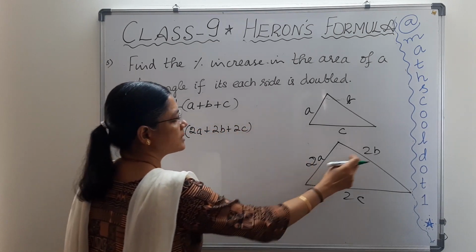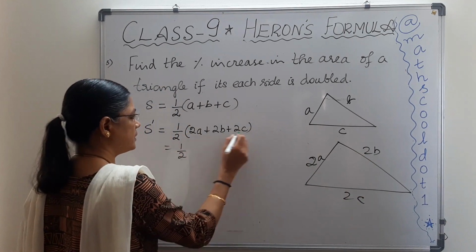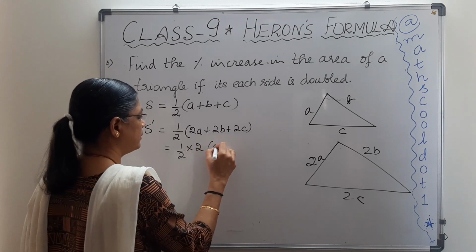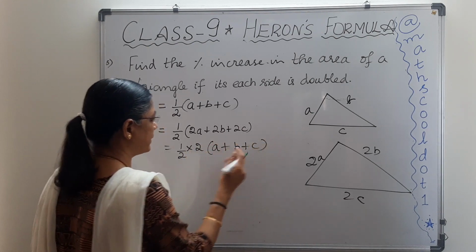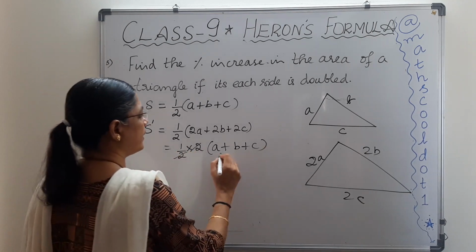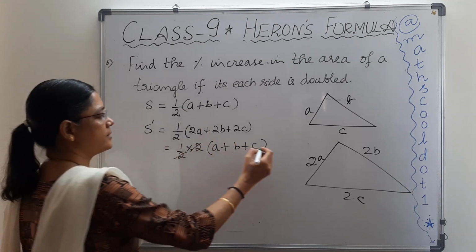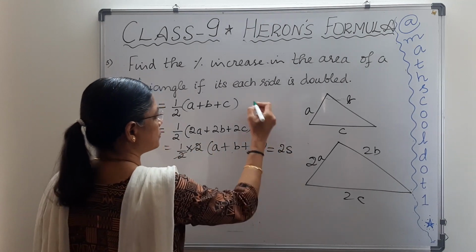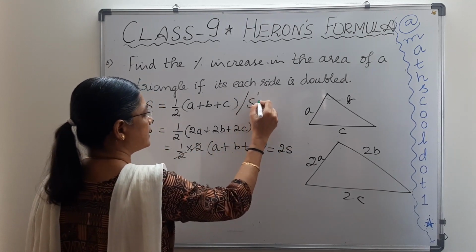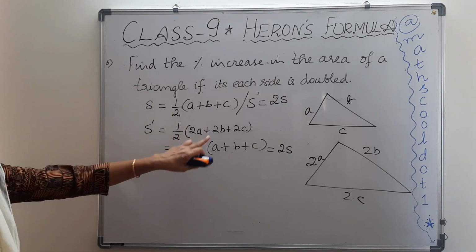Since the sides have been doubled here. Now taking 2 common, I take it outside, so I have A plus B plus C. But what is A plus B plus C? We know that it is 2S, isn't it? So I write S dash is equal to 2S. Now do you understand how 2S has come?